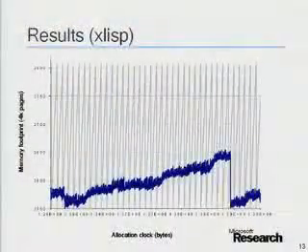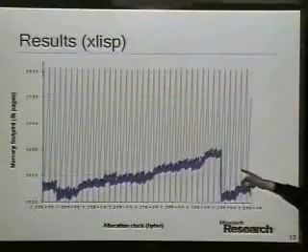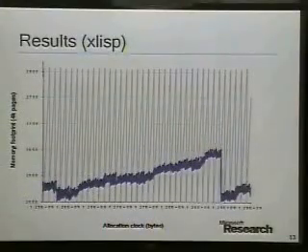So if we look at some of the results now, first of all, heap usage and then the overall runtime performance. This is showing the number of pages that have been allocated in the case of XLisp. The dark grey line being the system running with garbage collection, and the dark blue line being the system with leaky regions.